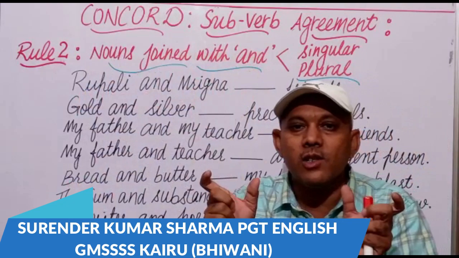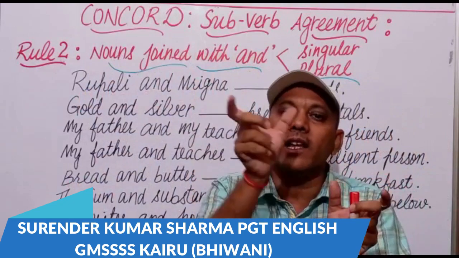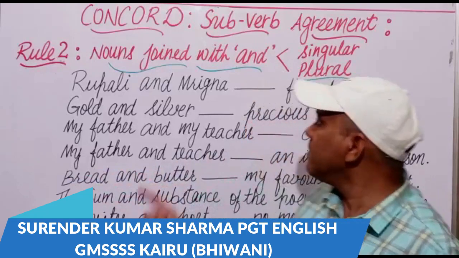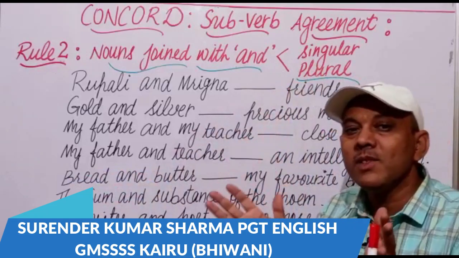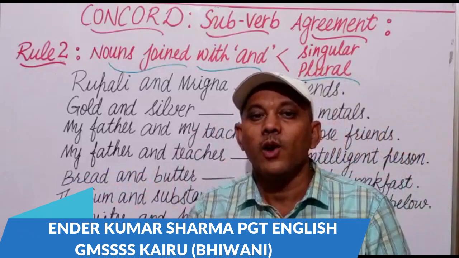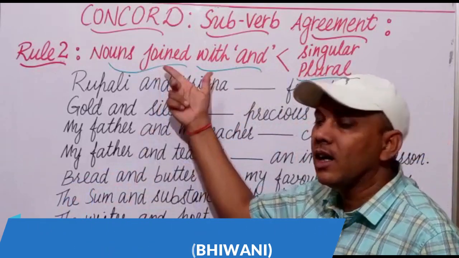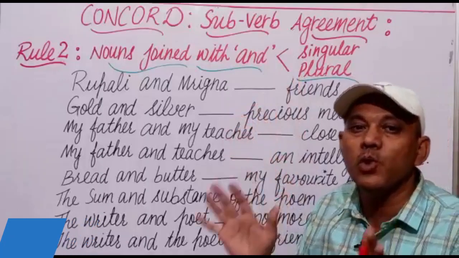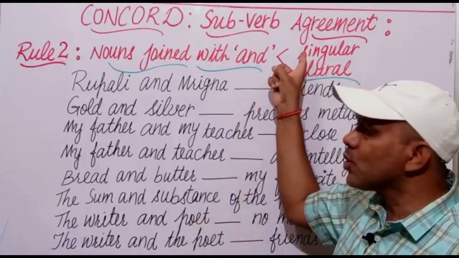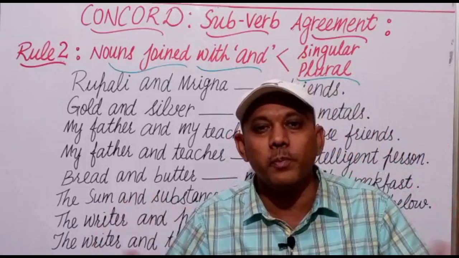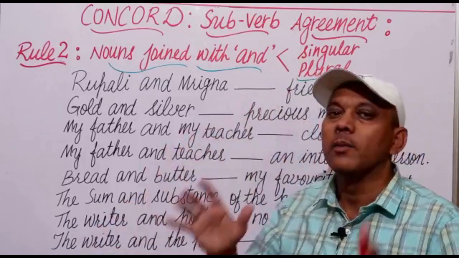When two nouns are joined with and, it becomes plural. But sometimes it becomes singular also. We have to find out when it becomes singular and when it becomes plural. In case of singular, we have to use a singular verb, and in case of plural, we have to use a plural verb.